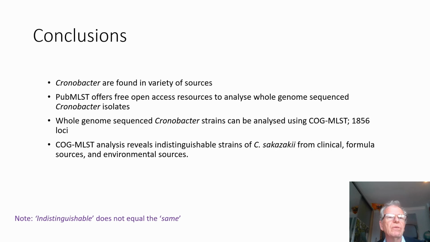So to end this, what we're going to say, well, Cronobacter clearly is found in a variety of sources. PubMLST offers an open access resource for looking at whole genome sequence strains.